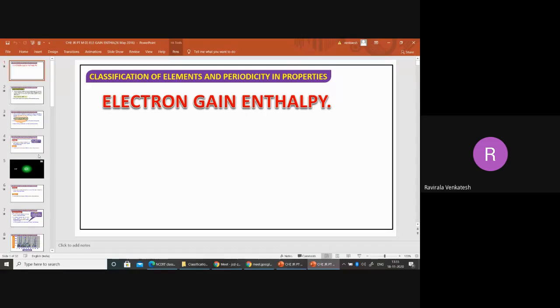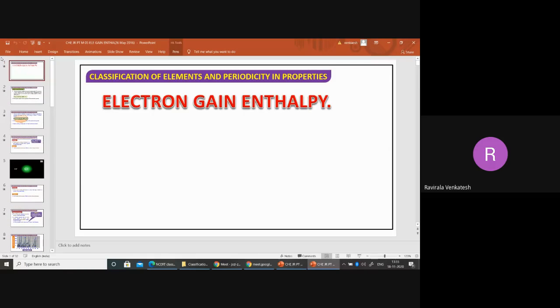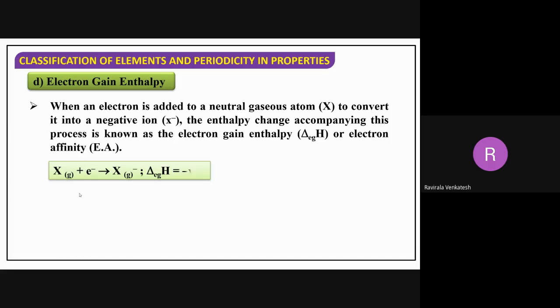Opposite to the ionization enthalpy is what is called electron gain enthalpy. Whenever an electron is added, I have taken again an isolated neutral gaseous atom.